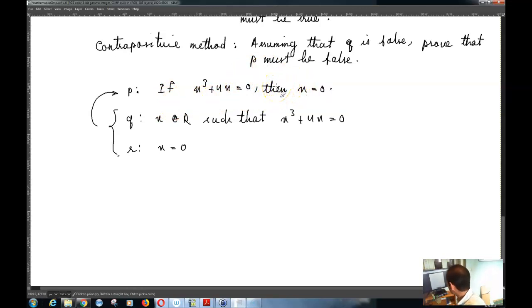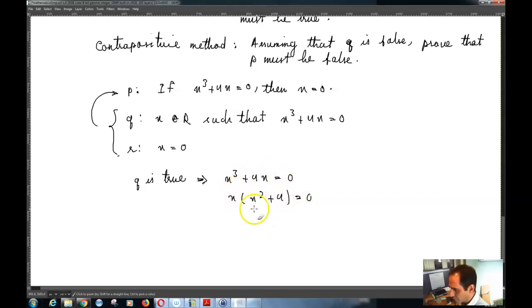So my assumption would be Q is true, meaning that x belonging to R, x cubed plus 4x is equal to 0, and then that would be x times (x squared plus 4) is equal to 0, and then this will give you unreal roots, which is not what I'm looking for, because x belongs to the set of real numbers here.